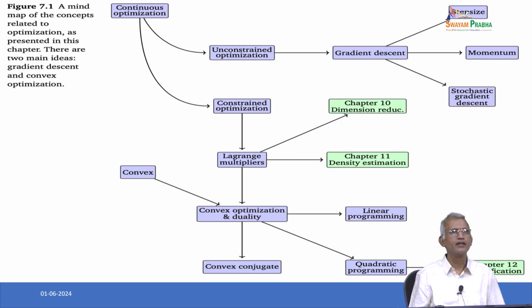So, the flowchart describes the concept of optimization in different areas. Start from the objective function and descriptive function, and that function is a continuous optimization. It may be a constrained optimization or unconstrained optimization. Constraint is based on the variable we are taking.